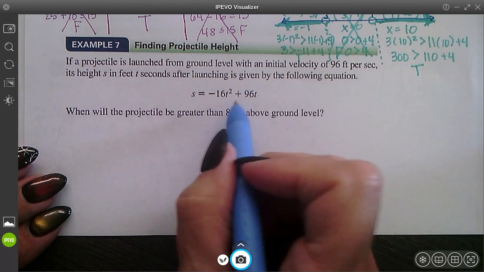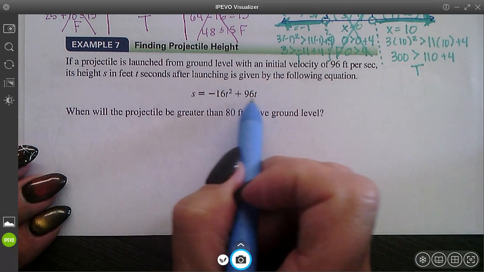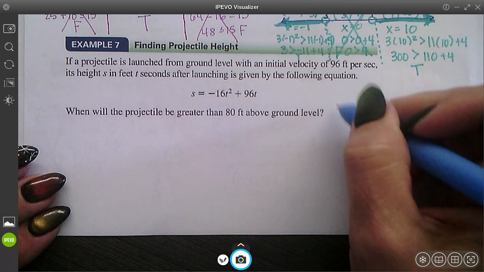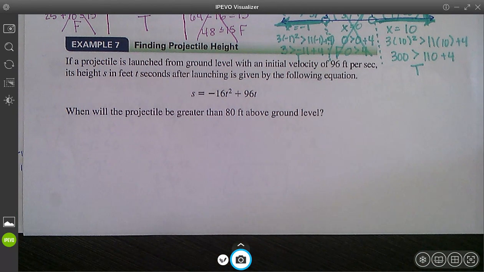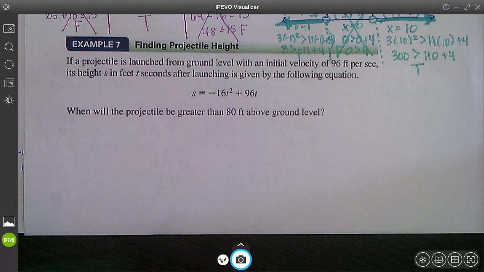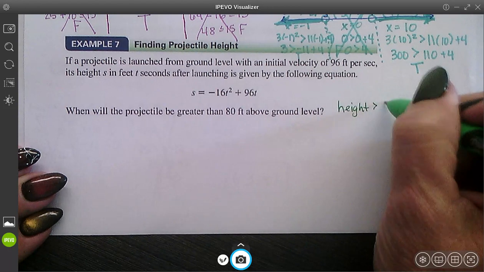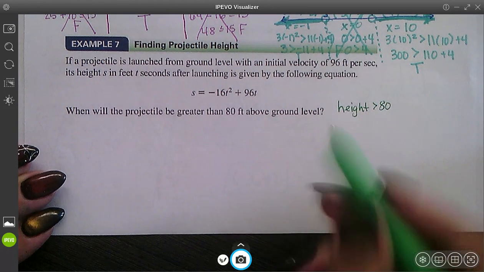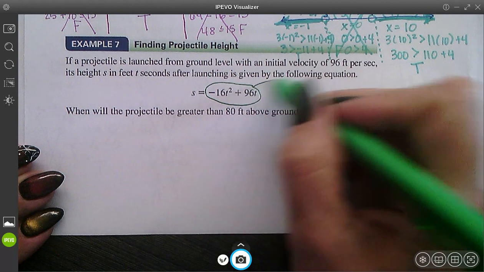So my height is given by negative 16t squared plus 96t. They're asking me basically, when is the height going to be greater than 80? So I'm going to be using this little guy in place of height.